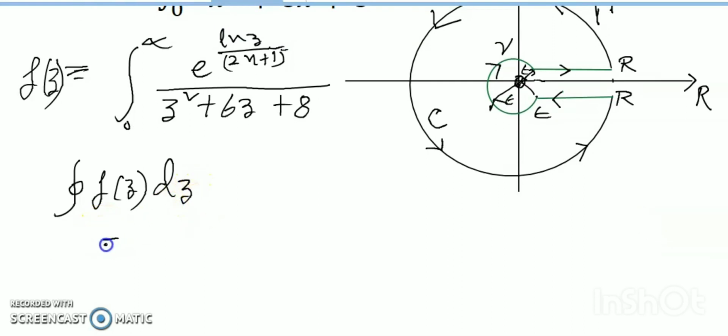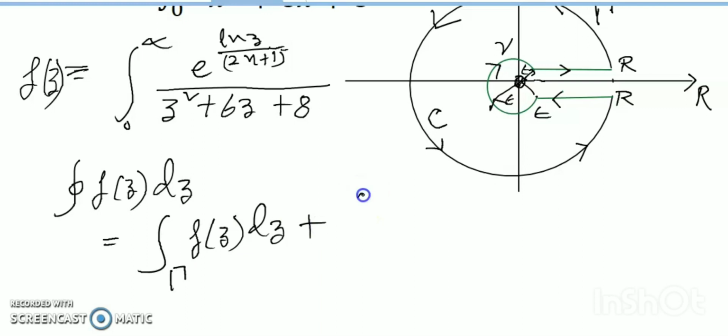Okay, so the integral of f(z) dz equals the integral over big gamma of f(z) dz plus the integral over small gamma, because this path, f(z) dz.